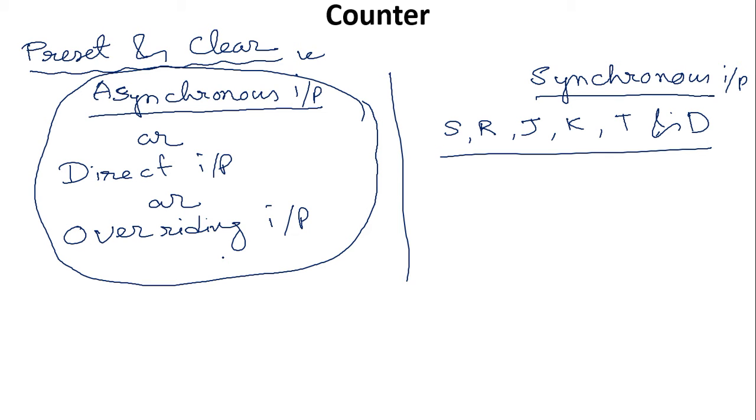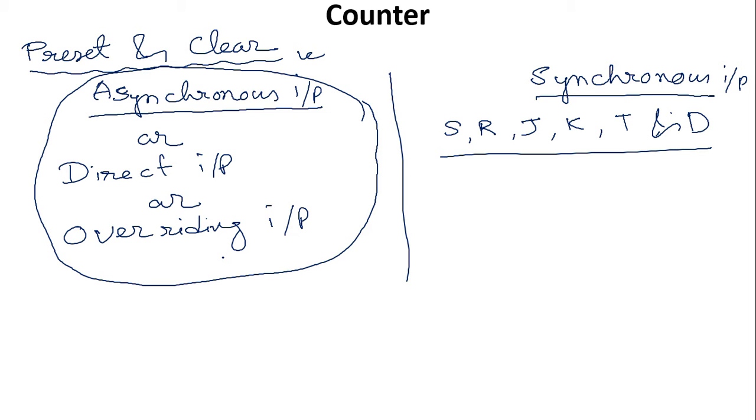Preset functions like this: preset gives a state to the flip-flop, to remove the previous state of the flip-flop and override its own state. That preset provides a state to override the previous state of the flip-flop. And clear clears the memory of the flip-flop. Basically, we know that the flip-flop acts as a memory element. So if we want to remove all memory, to make all memory elements 0, we can fire the clear.